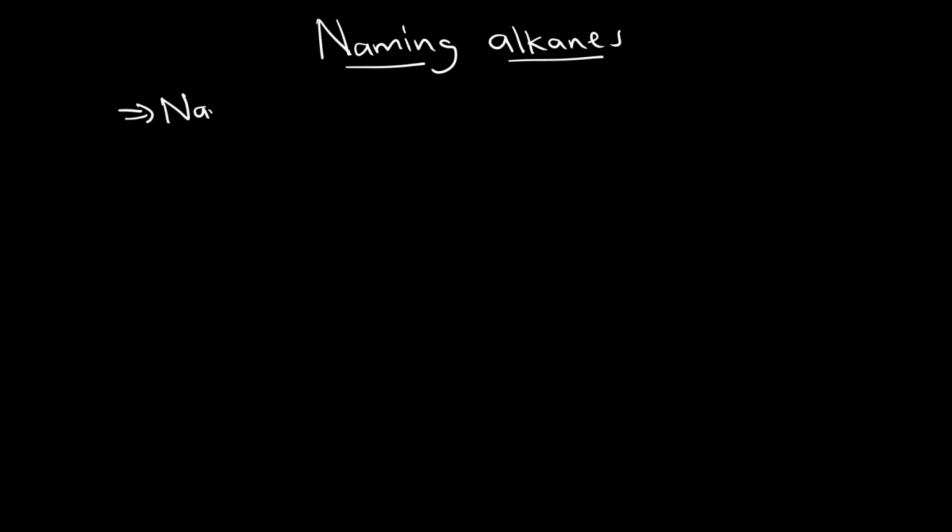All alkanes will have a name ending because they are members of the same family, so they'll have a similar name ending, and this name ending will be ANE, coming from the name alkanes.